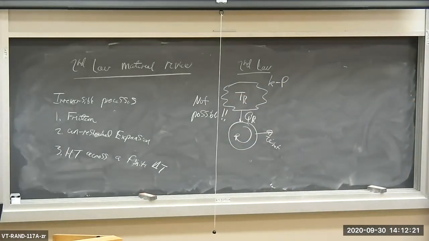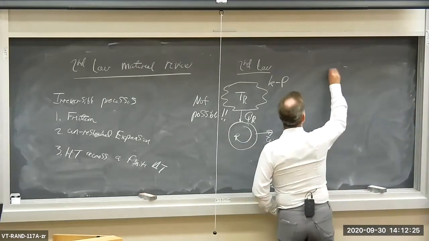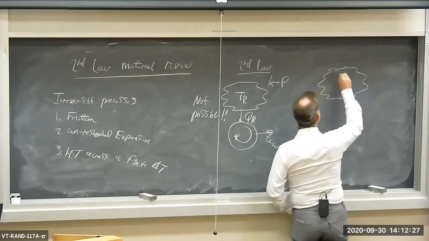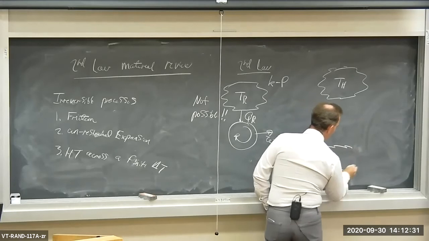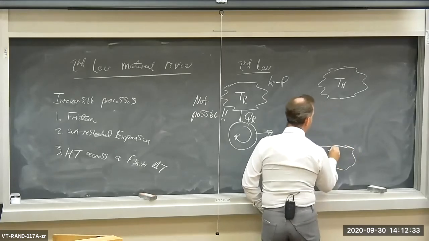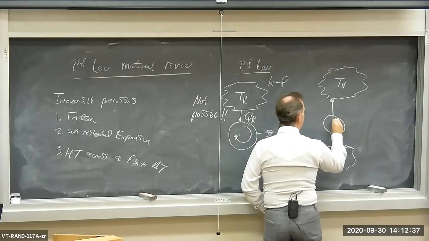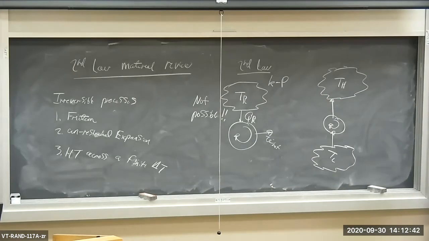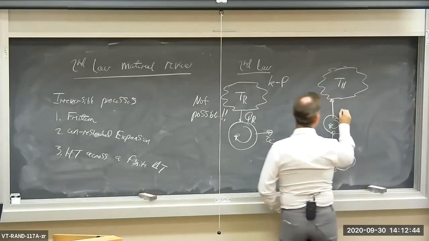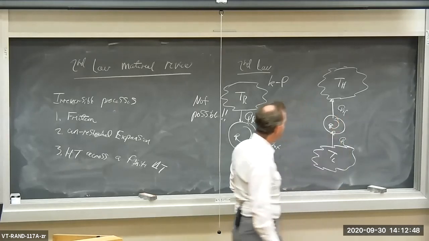The other statement of the second law refers to heat transfer from hot to cold. The Clausius statement says that you cannot have heat move from a low temperature reservoir to a high temperature reservoir without the application of work over a cycle. So we have QH, we have QL, they're both the same.